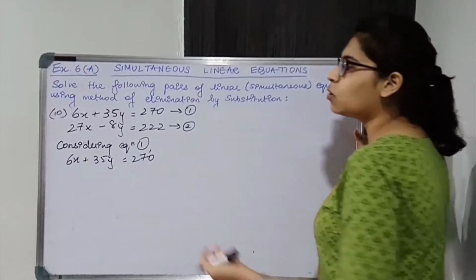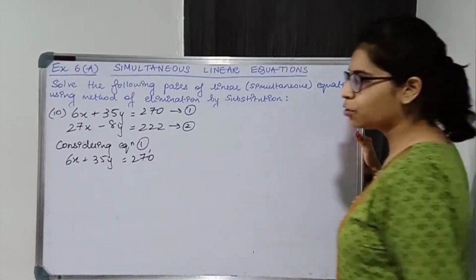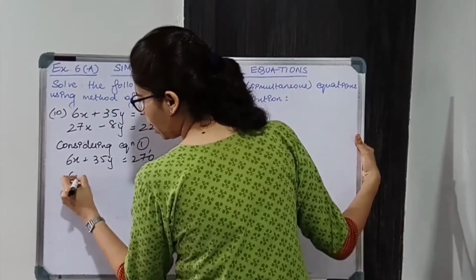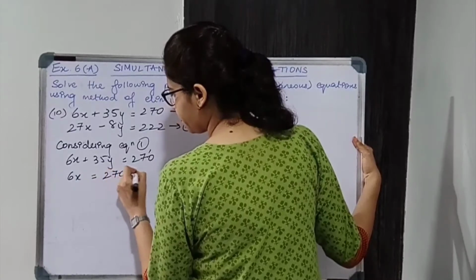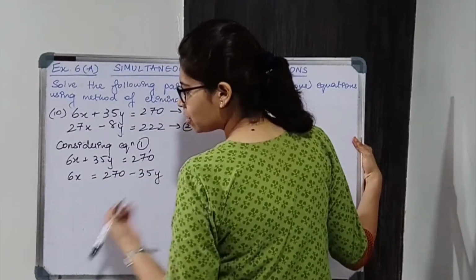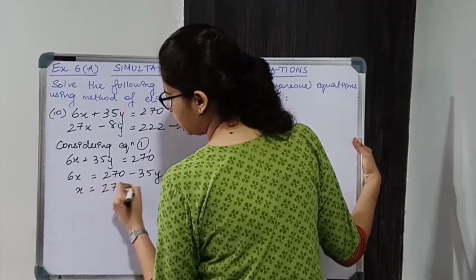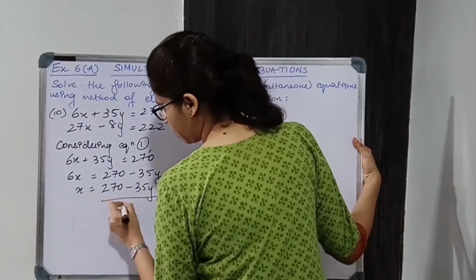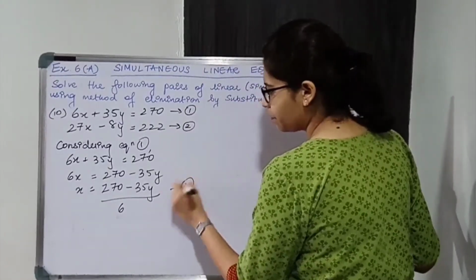Now express x in terms of y or y in terms of x according to your choice. So I'll keep x as it is and shift y on the other side. I'm expressing x in terms of y. 6 will shift to the other side, so it will become 270 minus 35y by 6. So number this as 3.